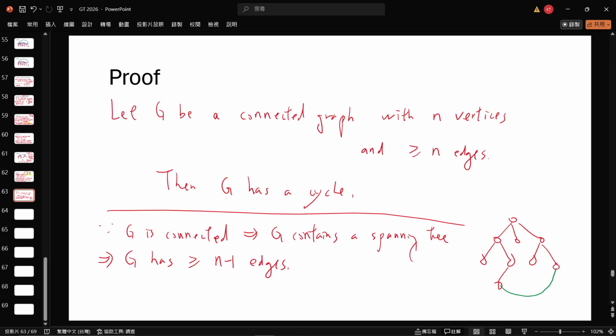Or you add an edge here, you get a cycle. And you add an edge like this, you also get a cycle. But why is it that after you add any edge, you get a cycle?